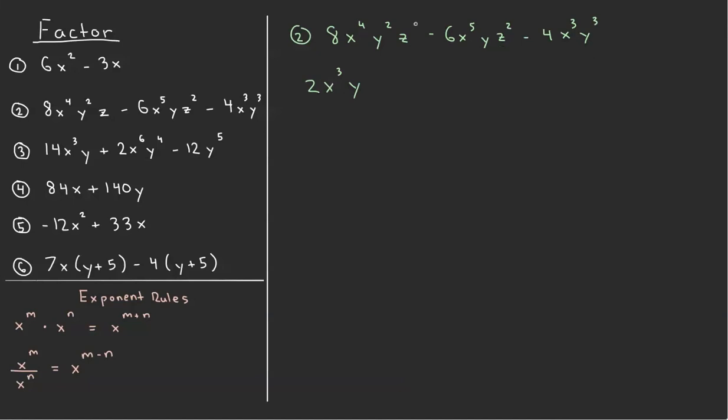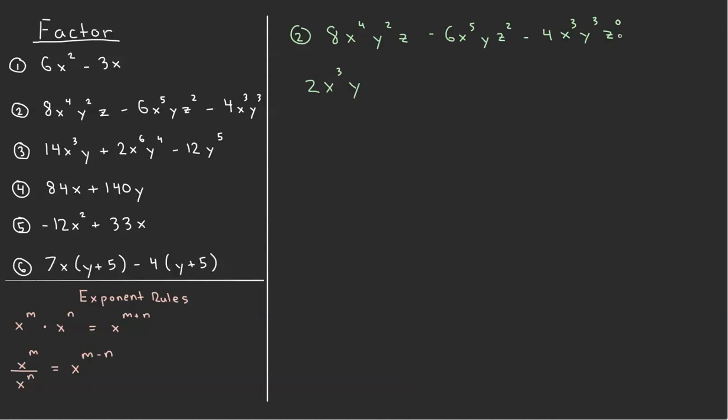So it looks like the lowest powered variable is a z to the first, so why don't we take that out? Well, over here, if you think about this expression, it doesn't contain a z. In other words, you could say it contains z to the 0th power, and z to the 0th power is 1. Anything to the 0th power is 1.